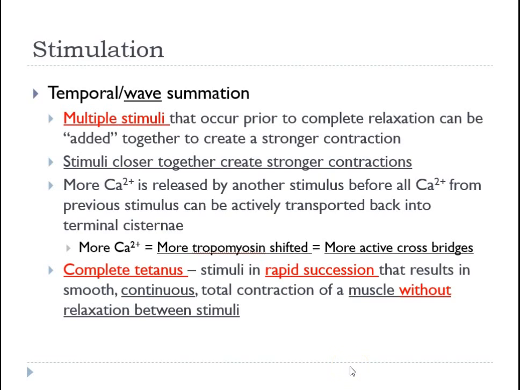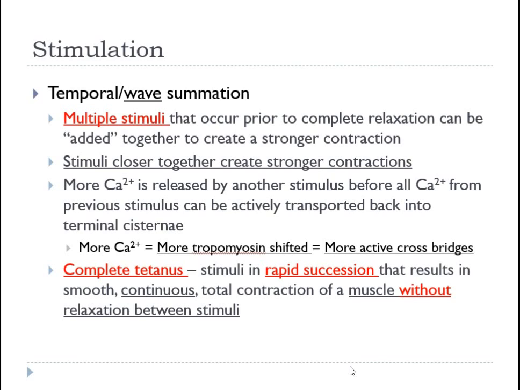And the more cross bridges you create, the more you're going to pull those muscles together. You're going to have barely a little bit of muscle movement, but the more those active myosins crawl on each other, we're going to start to crawl those thin and thick filaments together, and that's going to be called complete tetanus.